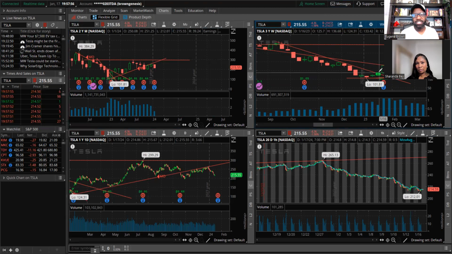So 137, we'll call it, was the place where you would buy it as long as it had good volume. And sure enough, in this particular week that we're looking at, it had good volume. And in fact, it closed at the very top of the range for the candle. So that's really positive.